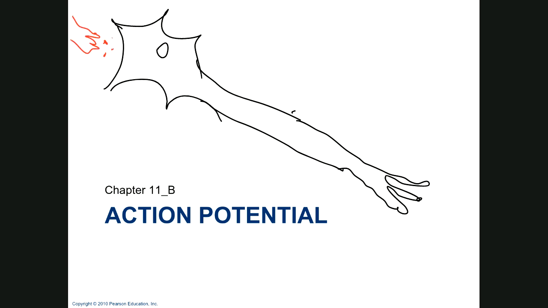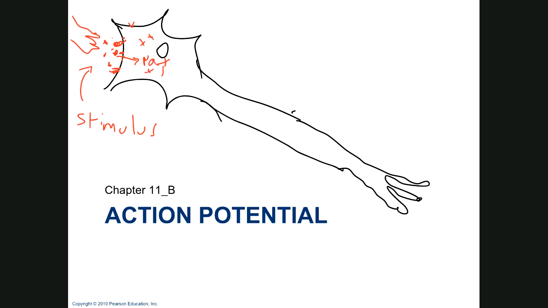And the receptive regions of the neuron, which are found in the dendrites and the body of the neuron, have chemically gated channels that receive the chemical and open the sodium channels, causing an influx of sodium into the cell. So that would be an influx of positive charges into the cell.